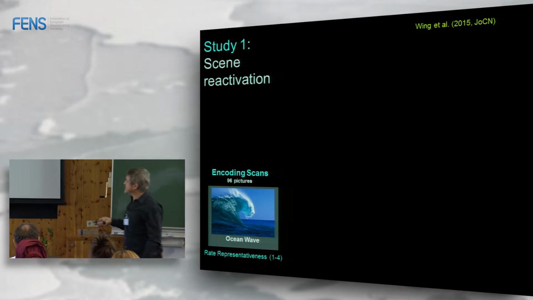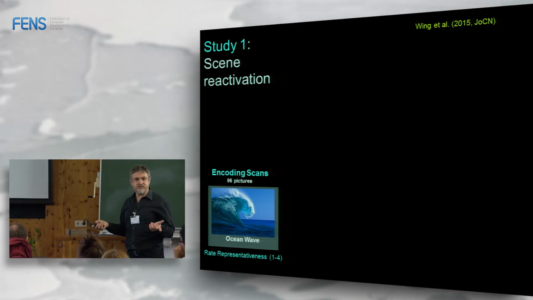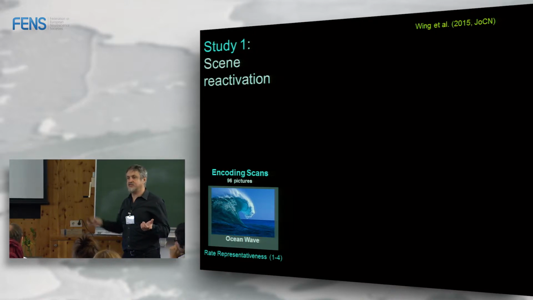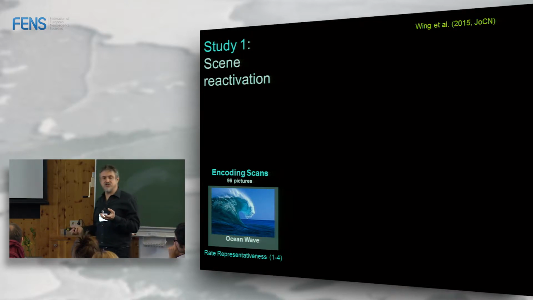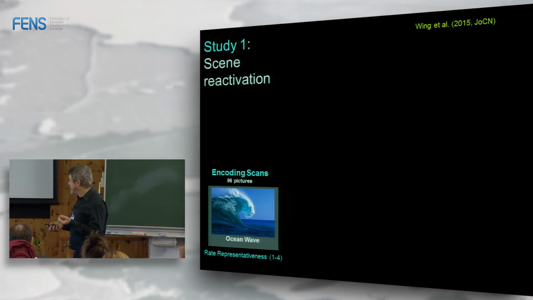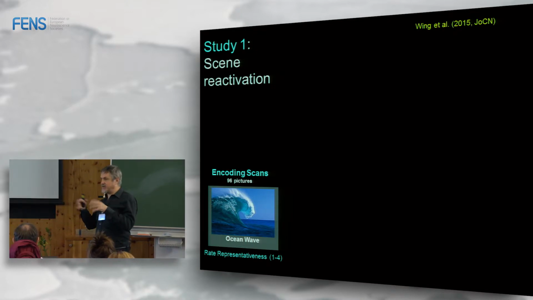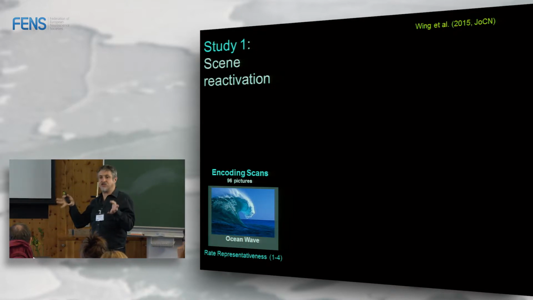In the first study, we had participants. I think that was a paper that I sent. I don't know how many of you had a chance of looking at that. That's a WING study. In that study, during encoding the participants saw pictures paired with a label, let's say ocean wave. We used pictures that were developed at MIT, in Aude Oliva's lab, that have hundreds of scenes that are very stereotypical, right?